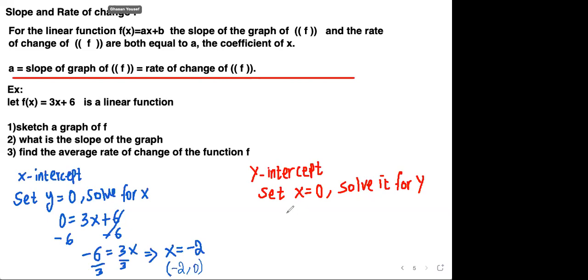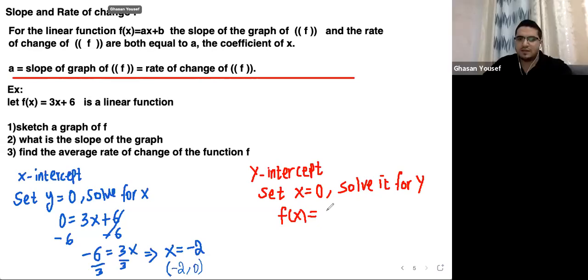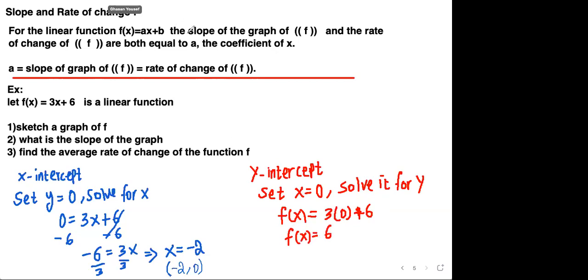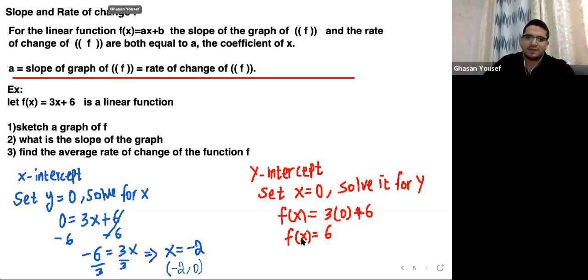So you get f of x equals 3 times 0 plus 6. Exactly, 3 times 0 is 0, plus 6. And now I get f of x equals 6.